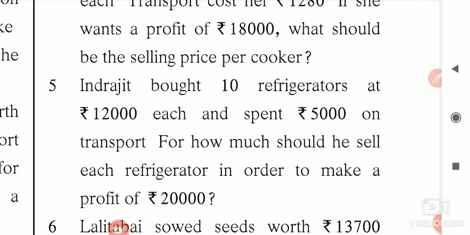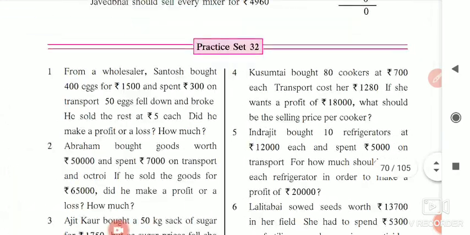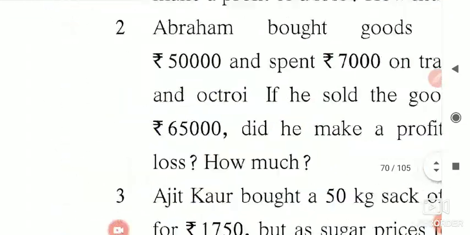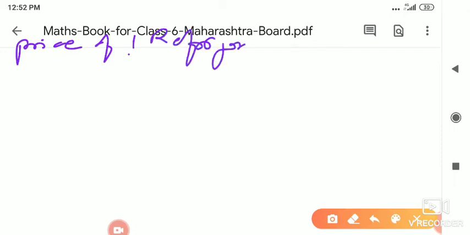Okay, now what is the name of that person? Indrajit bought 10 refrigerators. So the price of one refrigerator is 12,000.